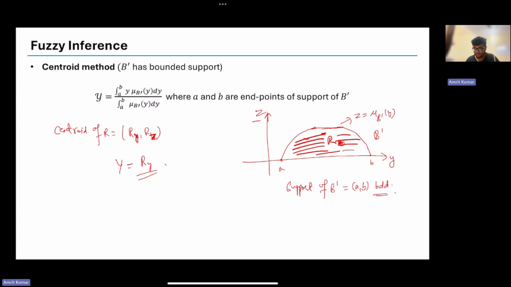The formula is that the horizontal coordinate of the centroid, Ry, is given by one over the area of the region R times the integral of Y dA, and Rz is given as one over the area times the integral of Z dA, where dA refers to an infinitesimal area element.